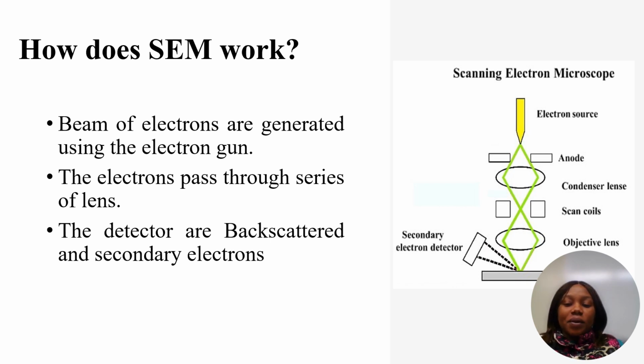For the backscattered detector, when the beam hits the sample, it reflects back after an elastic interaction between the beam and the sample. For the secondary electron, the beam also hits the sample, and then the inelastic interaction between the beam and the sample is detected using the secondary electron detector.